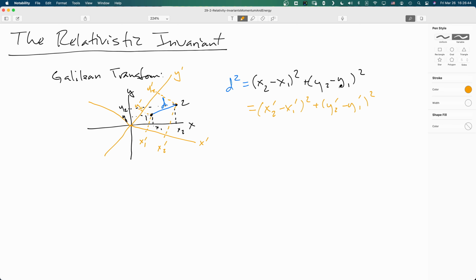And although they'll disagree on the values of potentially all four of these coordinates, and they'll disagree on the differences in the x and the differences in the y, they will absolutely agree on what happens if you square them and add them up. They'll agree that it's still d squared because the Pythagorean theorem is still true.